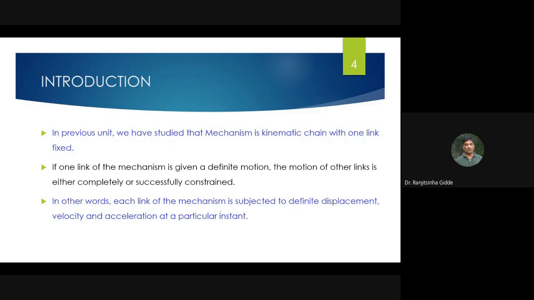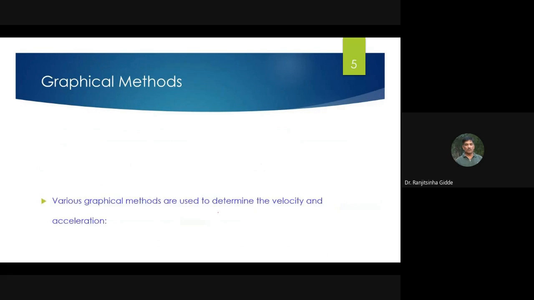So acceleration is function of the velocity, velocity is function of the displacement. Those simple things you should remember. Okay, so in this unit we are going to determine velocity, acceleration of link in the mechanism.